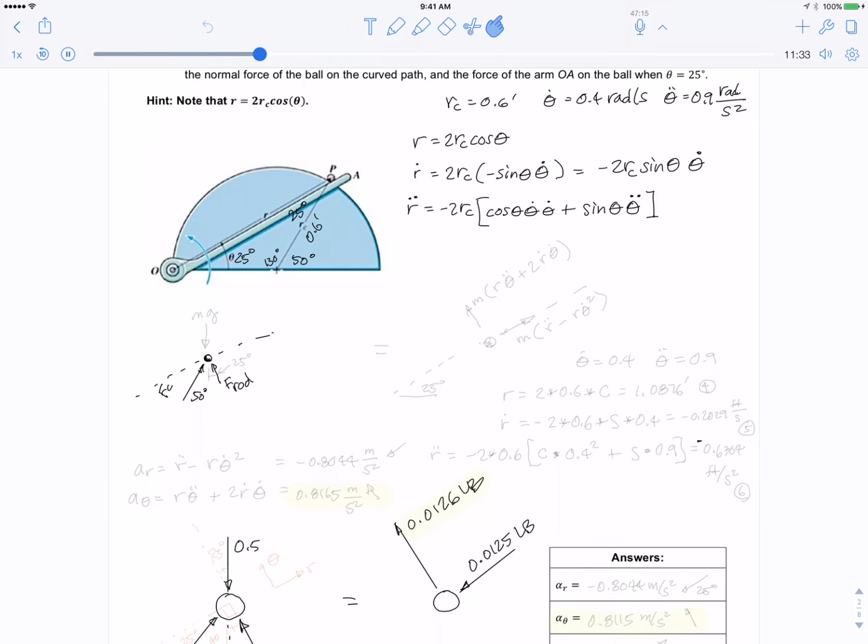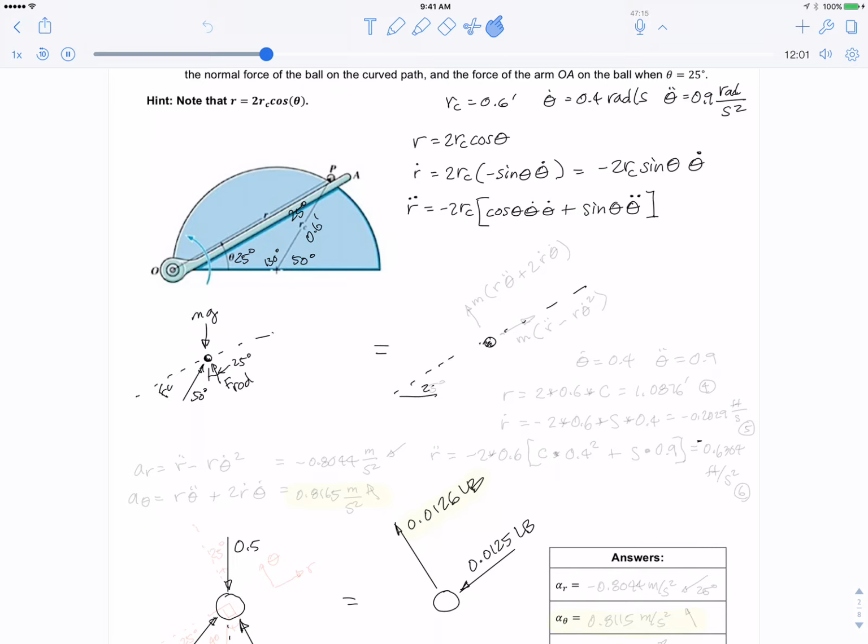And that is at 25 degrees from vertical. And this is also a vertical circular path, so there's gravity. So that's mg.